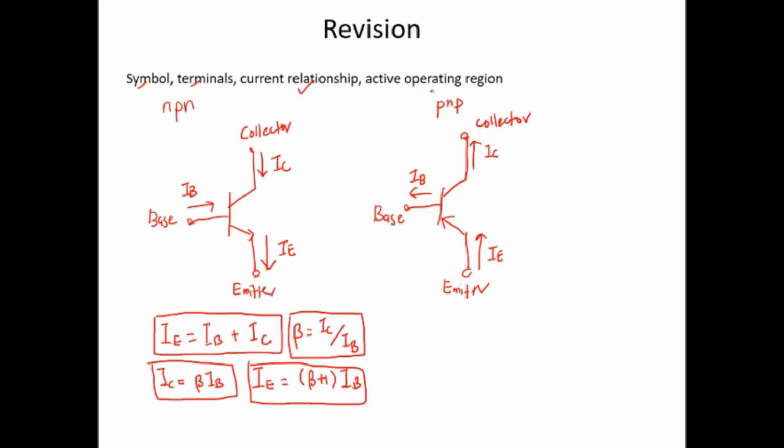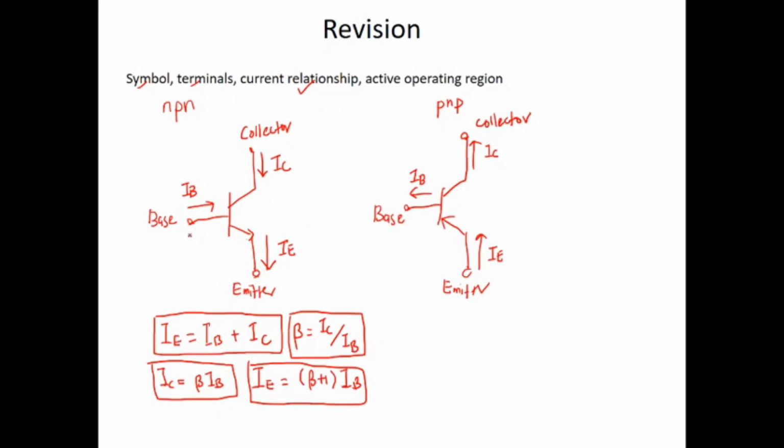Another point you need to understand is that we have base, collector and emitter, three terminals. Between the terminals there will be a voltage drop. When I say between two terminals, this actually refers to one PN junction.